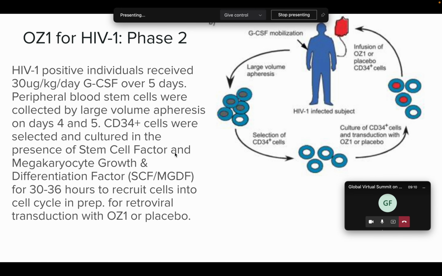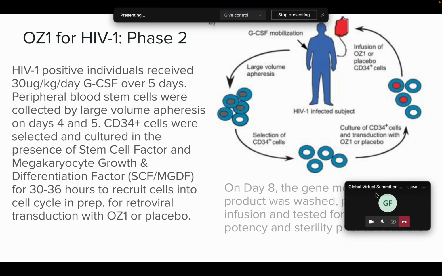So it was 30 micrograms per kilogram per day of GCSF for over 5 days, and the peripheral blood stem cells were collected by large volume apheresis on days 4 and 5, and then again the cells were collected and selected for culture, in the presence of stem cell factor and megakaryocyte growth and differentiation factor, or MGDF, as well as SCF, for about 30 to 36 hours to recruit the cells into cell cycle prep for retroviral transduction with OZ1 or placebo.